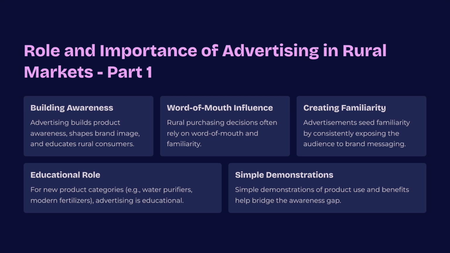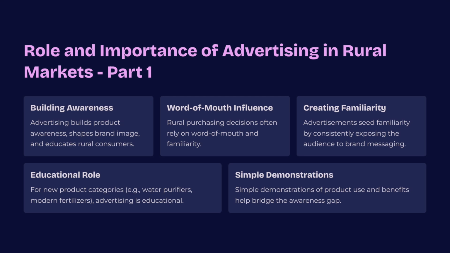A strong advertisement can effectively seed this familiarity by consistently exposing rural audiences to a brand name and its core message. For new product categories such as water purifiers or modern fertilizers, advertising frequently serves an educational function. It demonstrates the product's use and its benefits in simple, easy to understand terms.